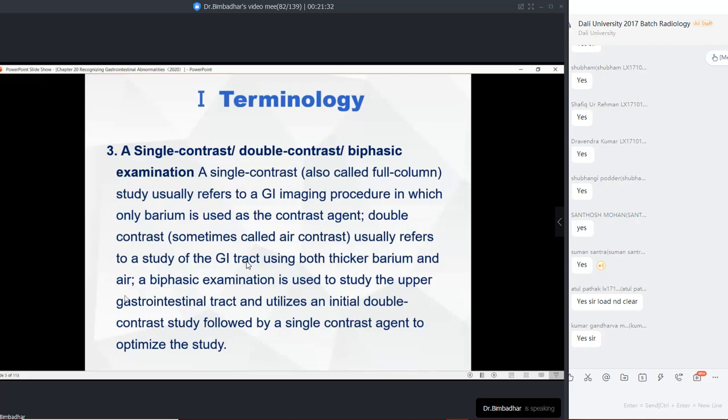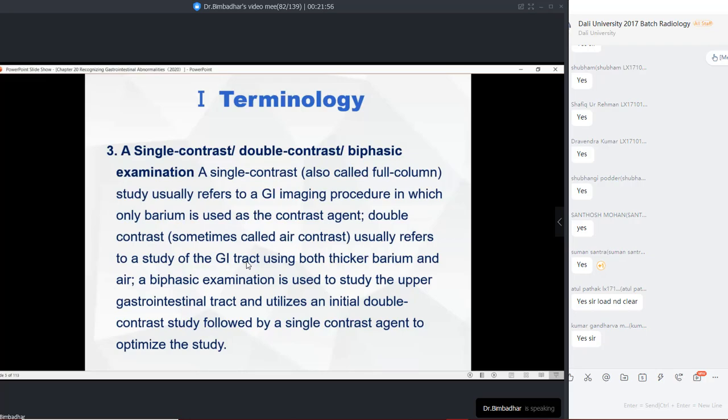We try to utilize a single contrast examination, or a double contrast examination, and see how the barium flows through, or how the barium reacts to the surrounding structures. So that is providing us real-time evidence of the condition of the patient, right?